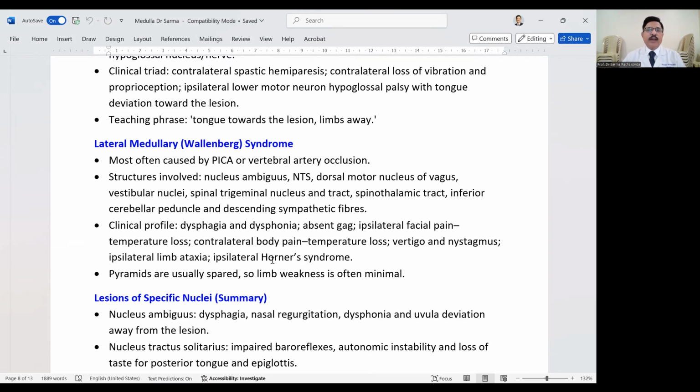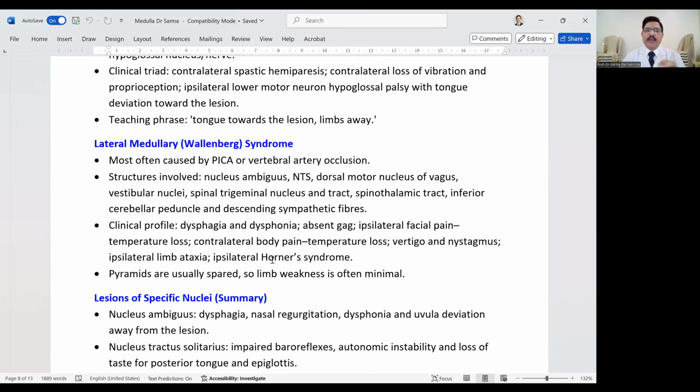So, what are the Wallenberg features? You remember the nucleus ambiguus, dysphagia, dysphonia, NTS, gag reflex absent. Okay, dorsal motor nucleus of the vagus, it's a motor nerve for the viscera. In vestibular nuclei, there will be nystagmus and also ataxia.